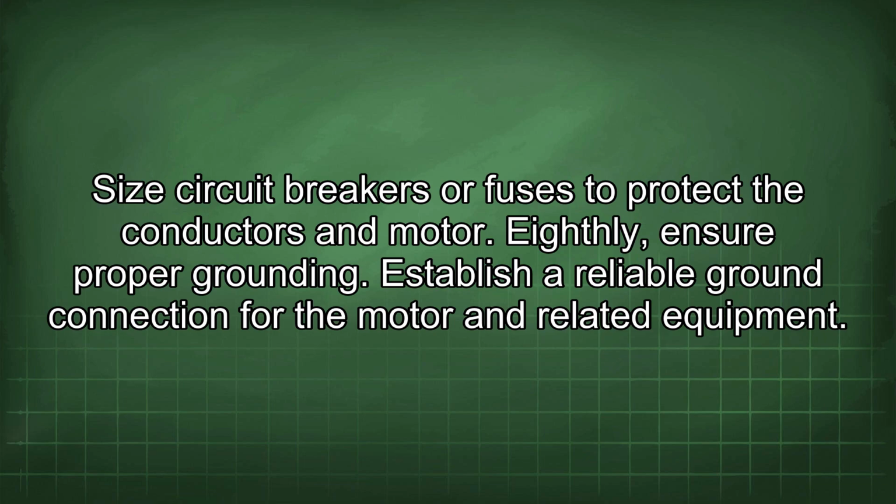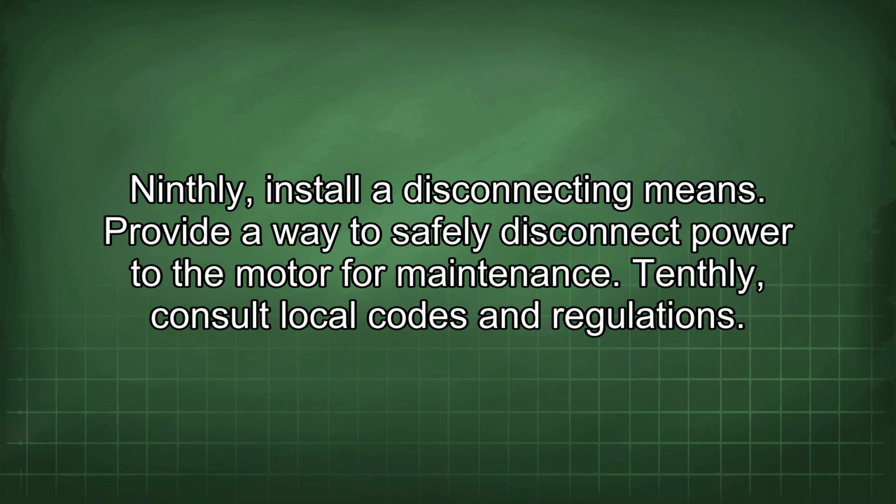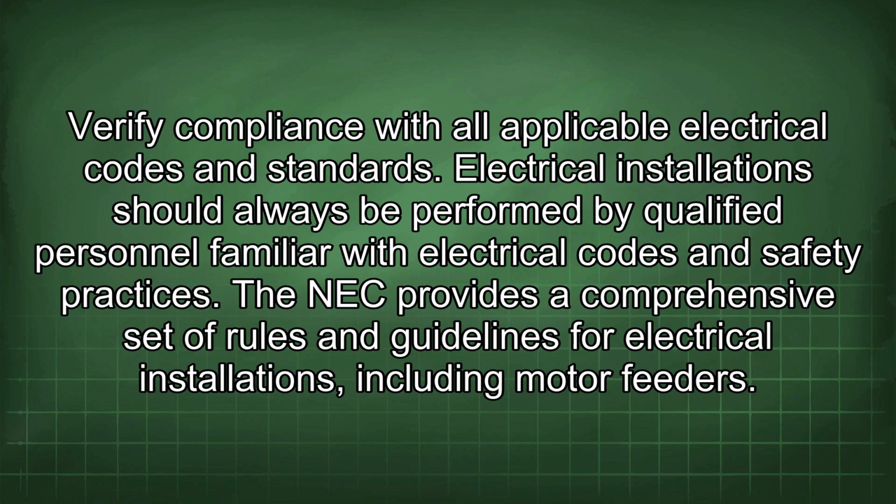Eighthly, ensure proper grounding. Establish a reliable ground connection for the motor and related equipment. Ninthly, install a disconnecting means. Provide a way to safely disconnect power to the motor for maintenance. Tenthly, consult local codes and regulations. Verify compliance with all applicable electrical codes and standards.